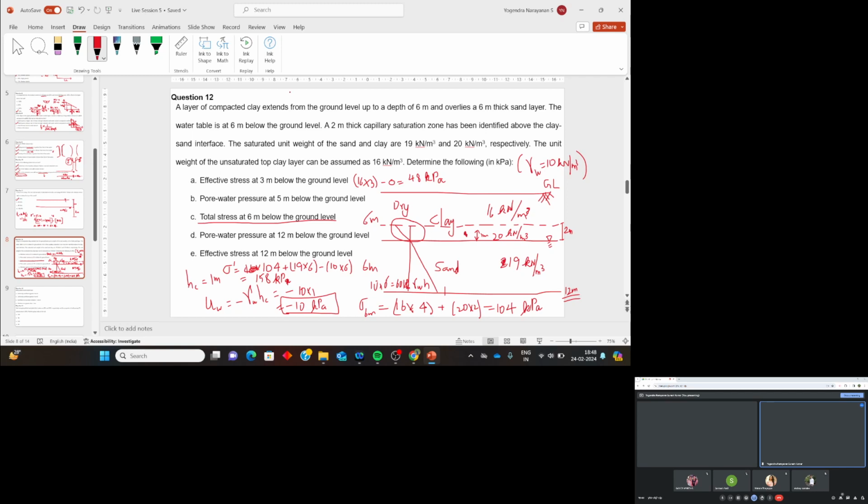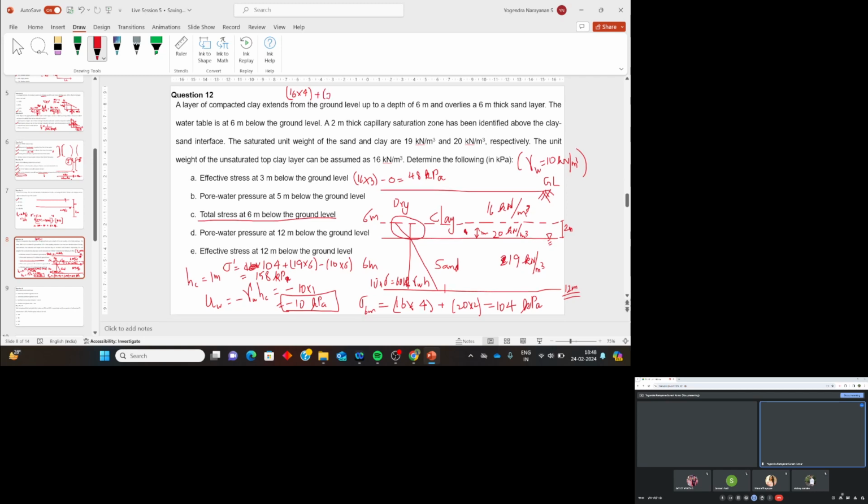So the total stresses will be 16 into 4 plus 20 into 1 minus, what will happen to pore pressure? What is the pore pressure at this point? 10 into 1. Yes, sir, it is in negative.